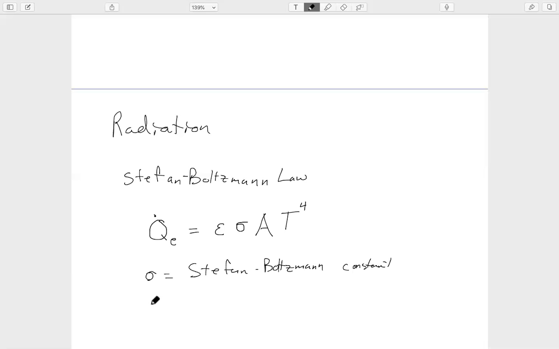And then epsilon is called the emissivity. Basically it's kind of like a fudge factor. Epsilon ranges from 0 to 1. If it's 1, then we call such an object a black body.